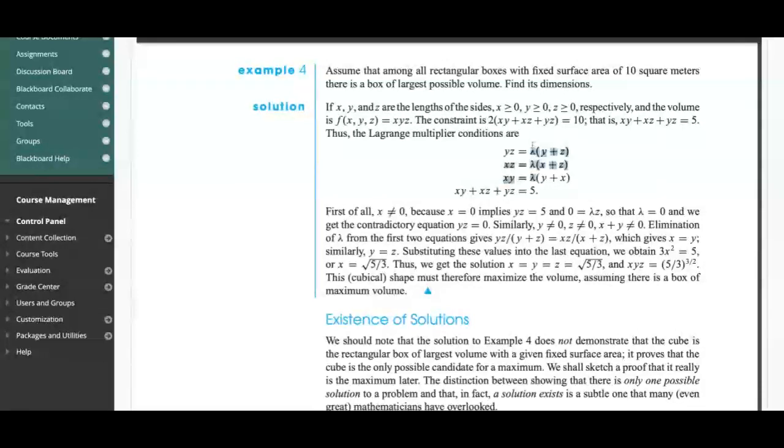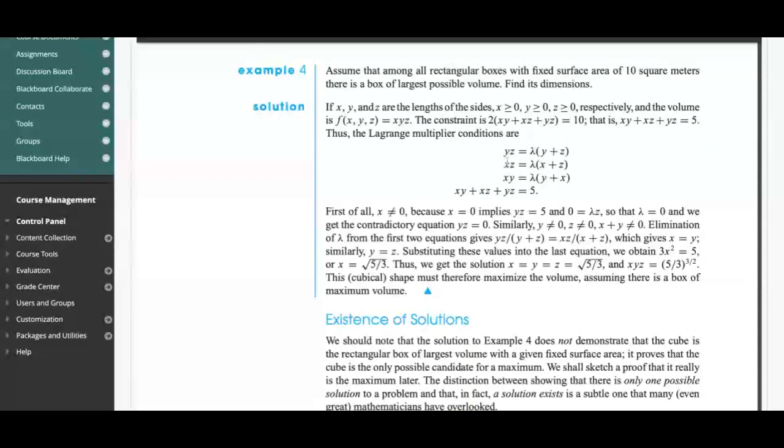Then multiply by Lagrange multiplier, which is a lambda. Then we have this constraint. So we have formed a system of 4 equations with 4 variables. So 4 equations, 4 variables, guaranteed, solvable.